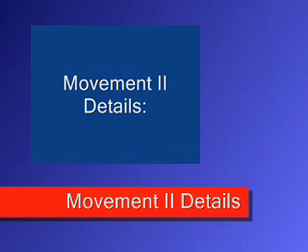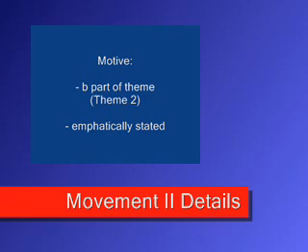The second movement of this work also gives us something to think about. In this movement, the rhythmic motive, short, short, short, long, is stated in the B part of the theme, or what is called theme 2 in your listening outline. They amount to the same thing. And here it's quite clear that the composer actually wants you to take notice of this fact, that the 4-note motive is represented in the theme, because it's presented at first very quietly, and then it is blasted out in the brass instruments.